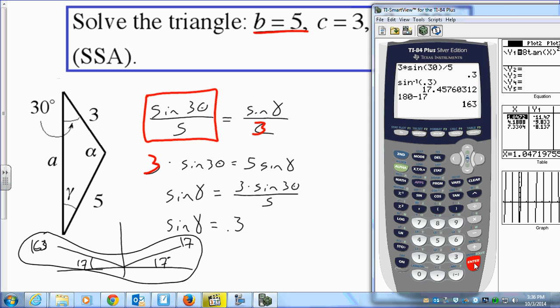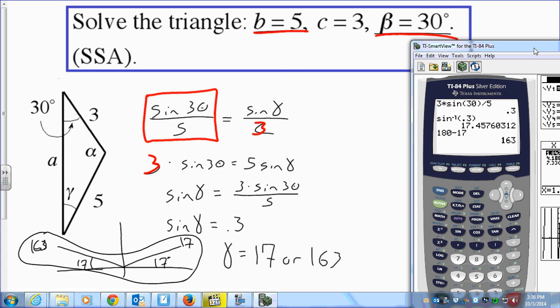Well, for this one, lambda could be equal to 17 or 163. But notice, our other angle here, beta, is 30 degrees. If this is already 30 degrees, 30 plus 163 is equal to 193.